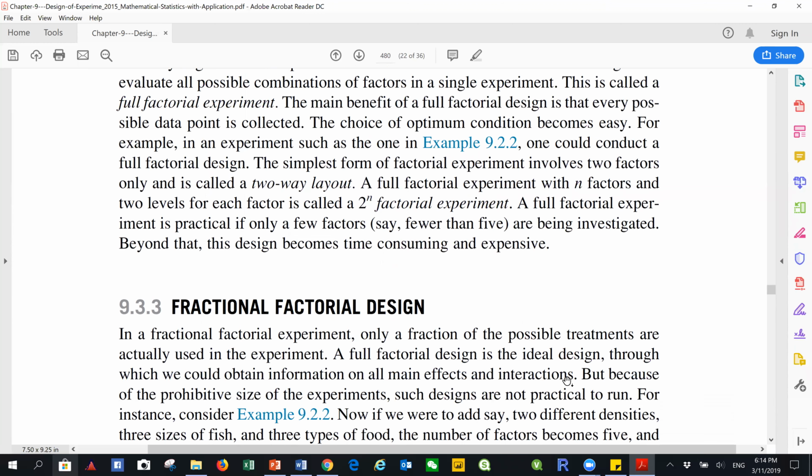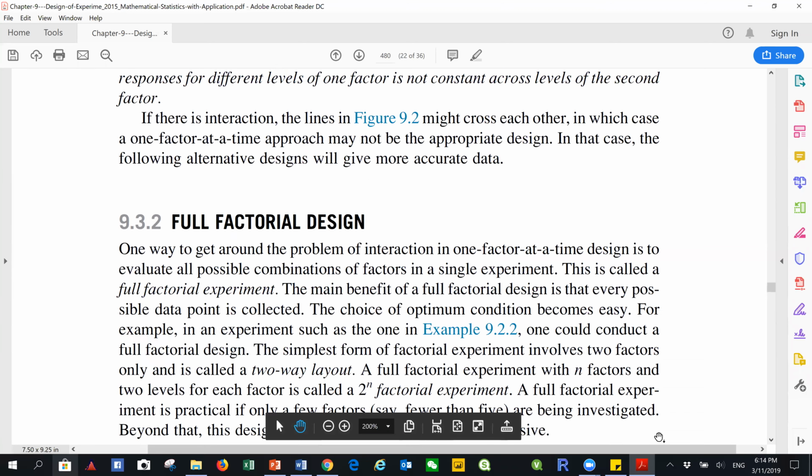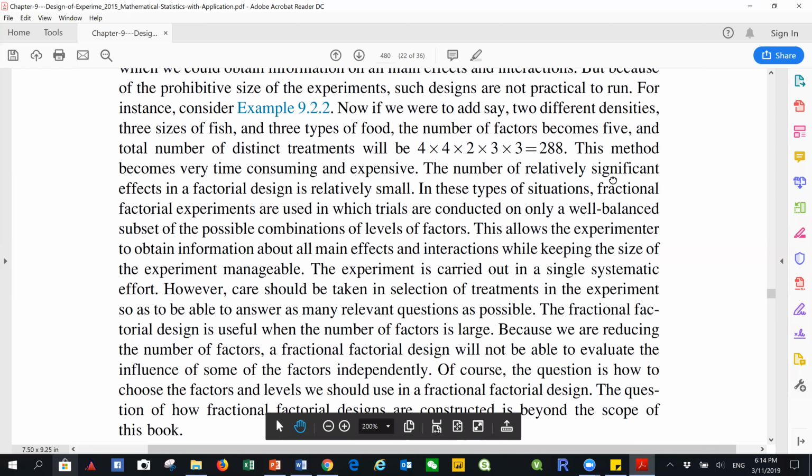Okay, factorial design. Let's take an example.